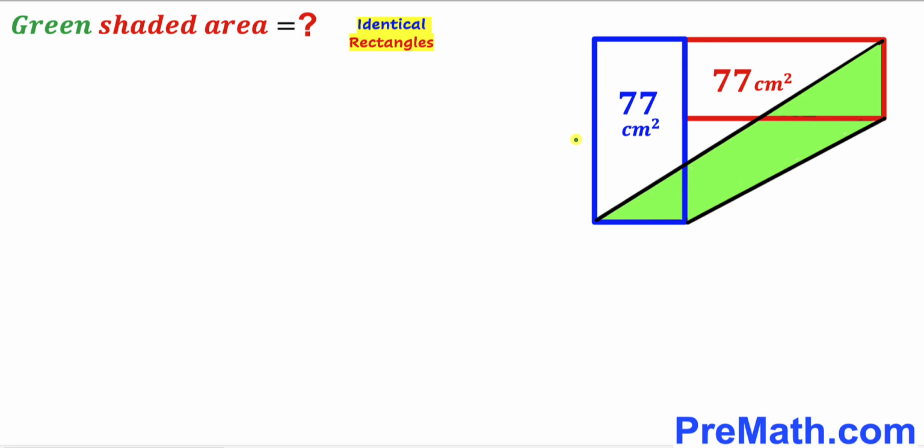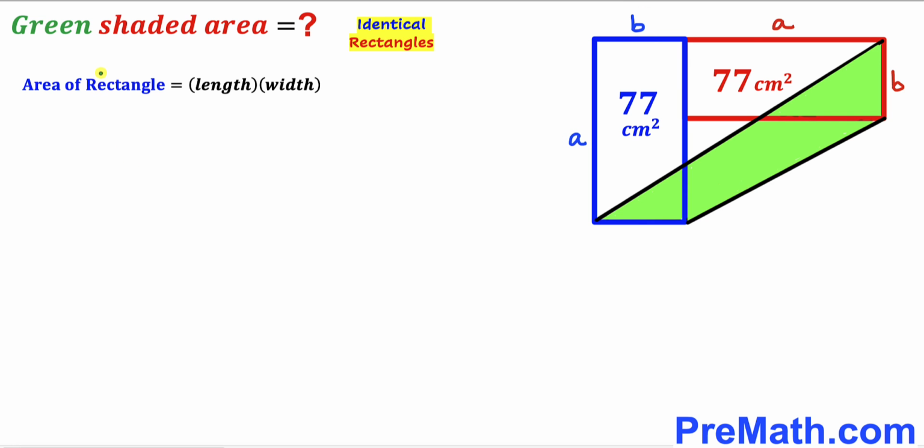If the side length of this rectangle is lowercase a, then this length is going to be lowercase a as well. And likewise, the width of this blue rectangle is going to be equal to the width of this red rectangle. If I label this one as lowercase b, then this side length is going to be lowercase b as well. So the dimensions of both of these rectangles are going to be a and b respectively.